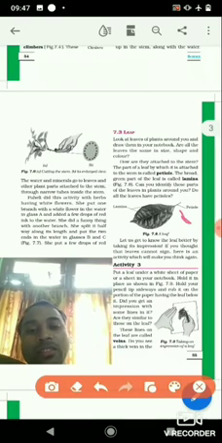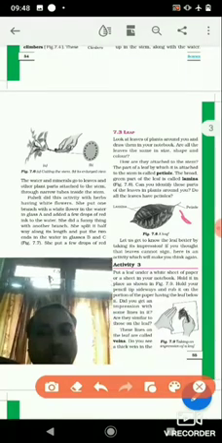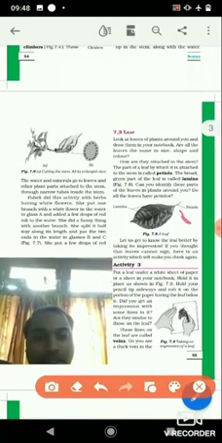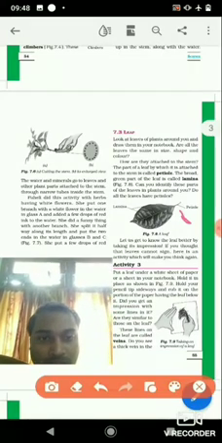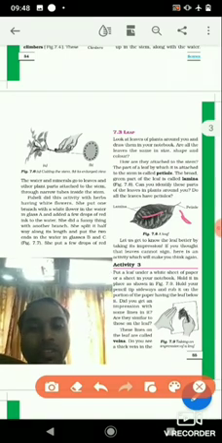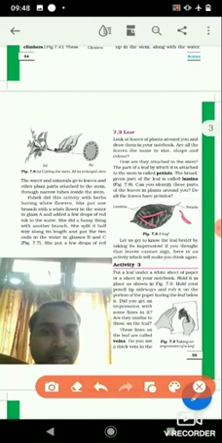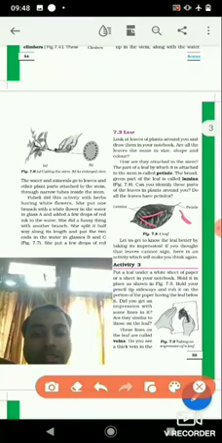Now petiole is the outgrowth that helps to connect the leaf with the stem. So this is petiole, and the broader part or the green part which you see, this is called lamina. So these are the two parts of a leaf.